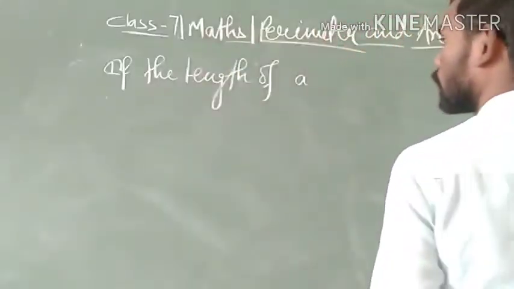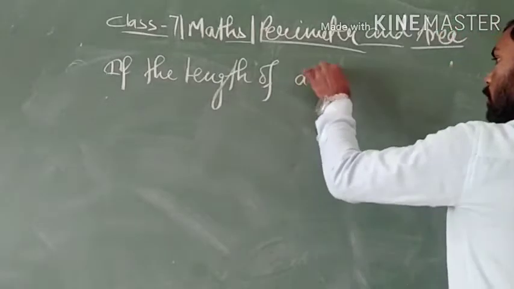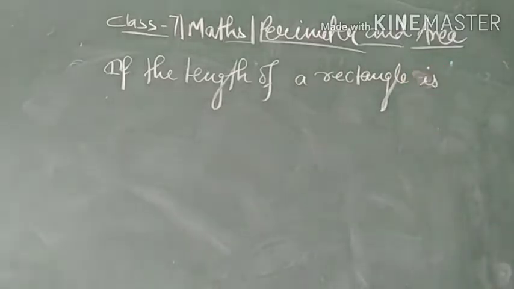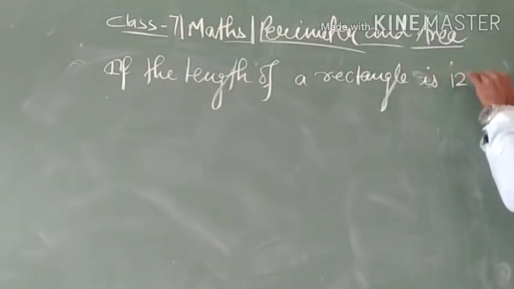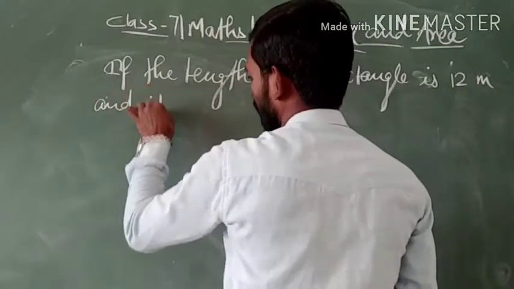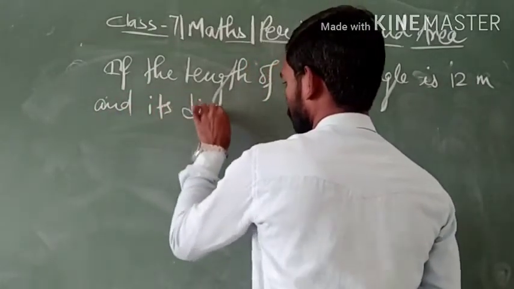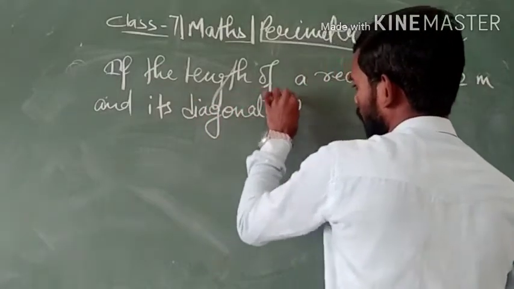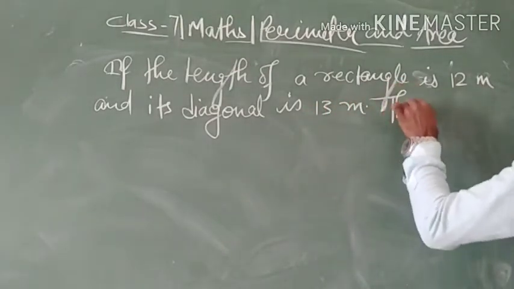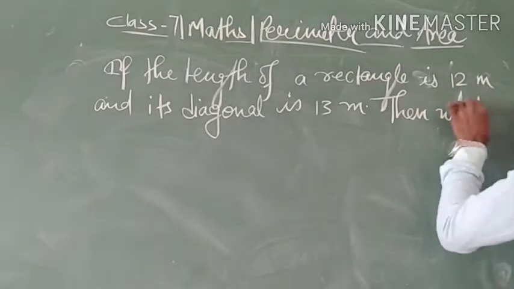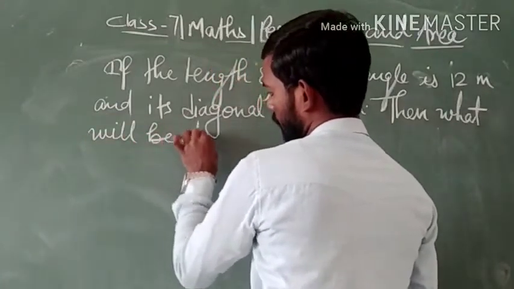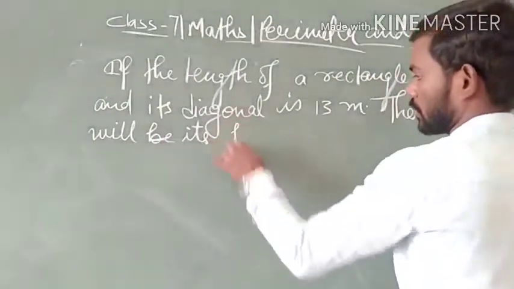Okay, length of a rectangle is 12 meter and its diagonal is 30 meter, then what will be its perimeter?